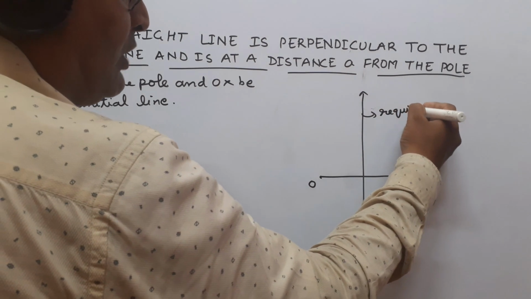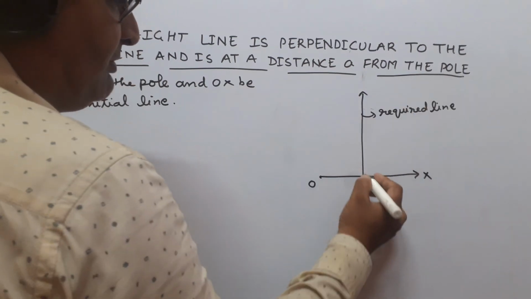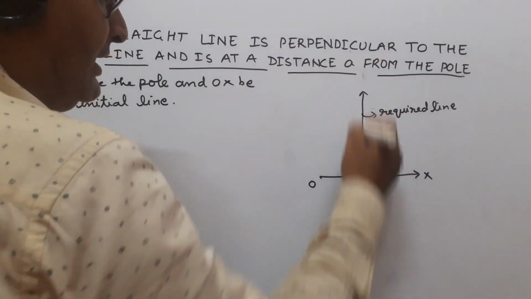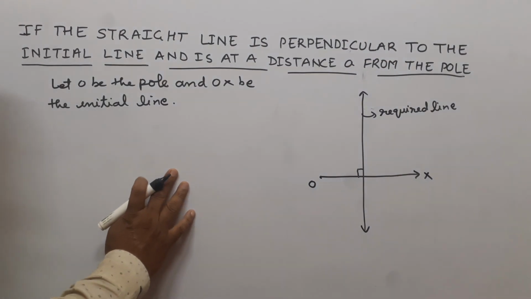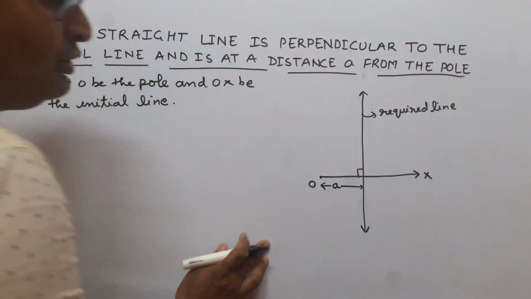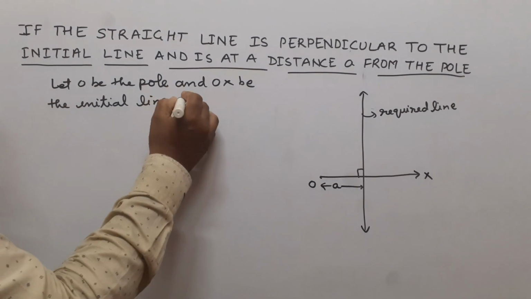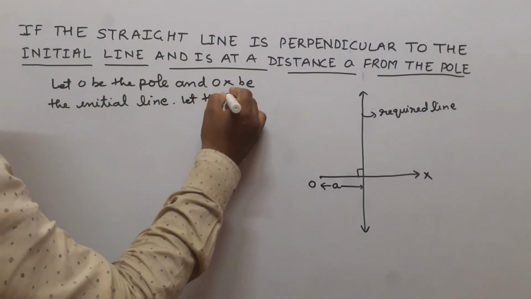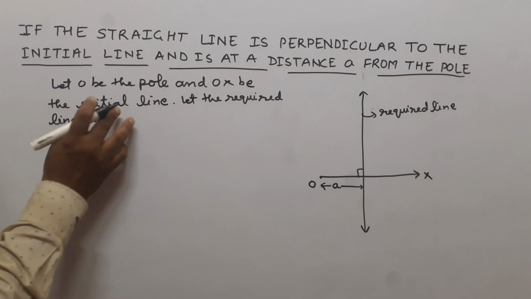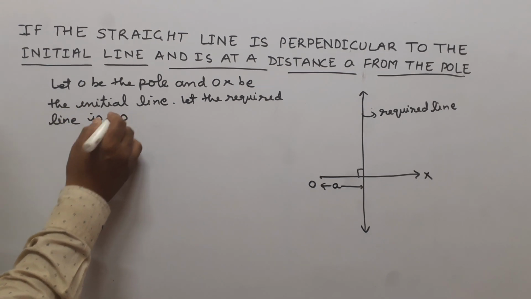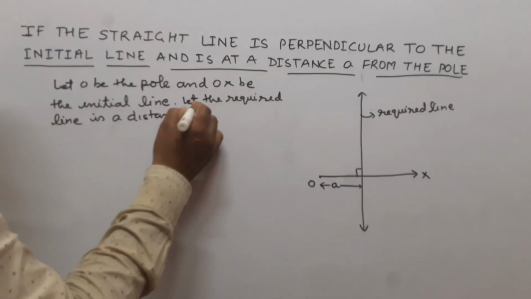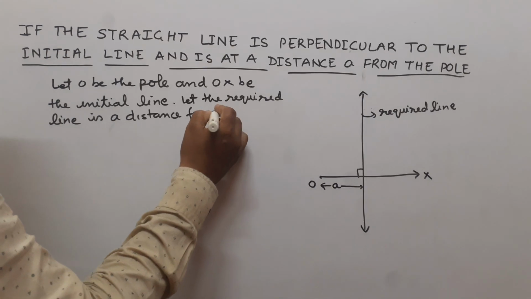This is the required line which is perpendicular to the initial line and is at distance small a from the pole.